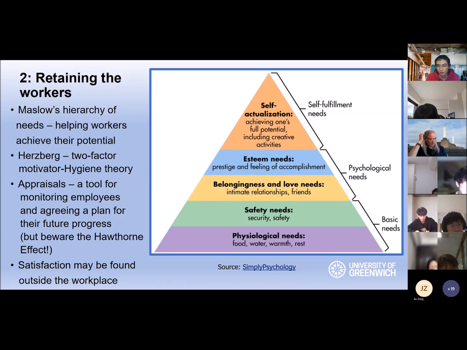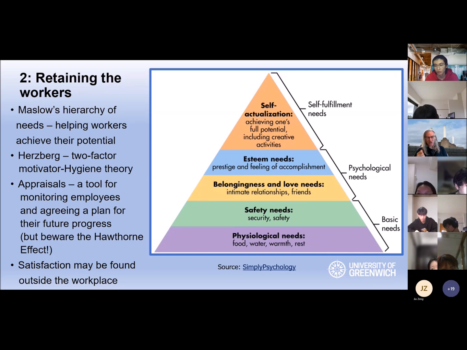But I suppose there are some dangerous jobs, like working down a coal mine, where the first thing is you need to provide food, water, warmth, rest, and the workers may accept to a degree that they're doing a dangerous job. But still, I think safety is important. The one at the top, self-actualization, is really difficult for an employer to provide.